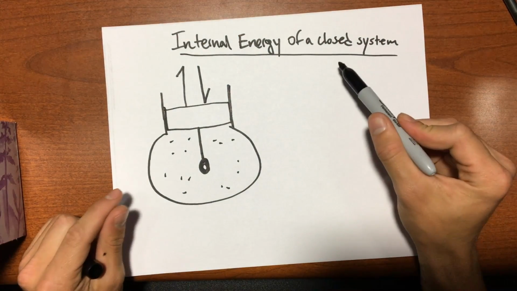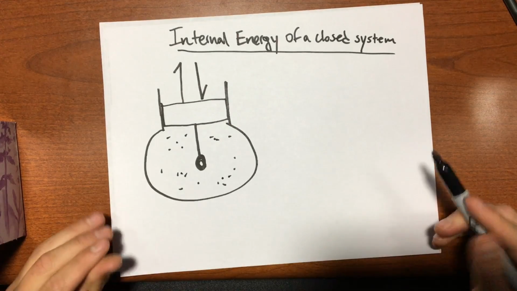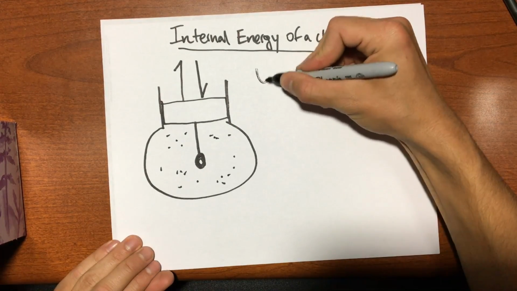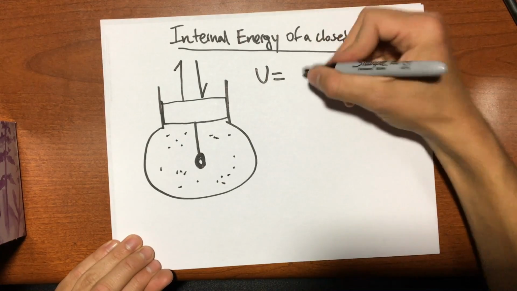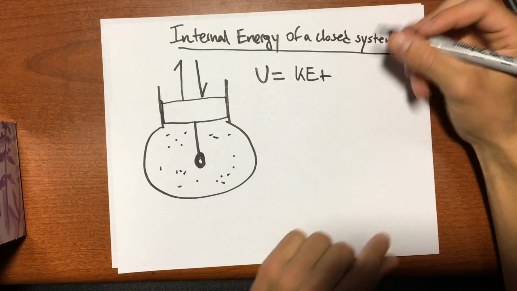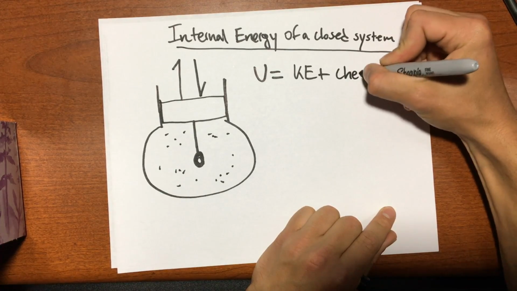Now the internal energy describes the internal energy of this gas. To those of you who are familiar with the kinetic theory, internal energy equals the kinetic energy of a gas plus its chemical potential energy, which we'll just call chemical energy for right now.